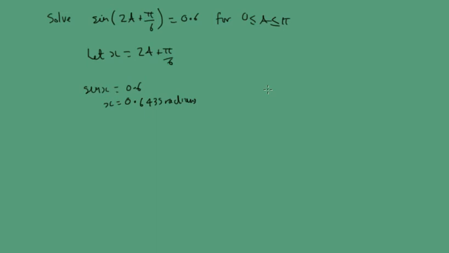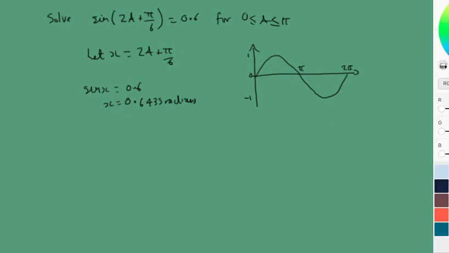So again, we're going to do a sketch. And this is pi, this is 2 pi, and 0.6 is about here.